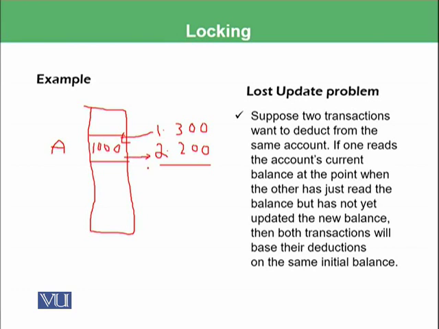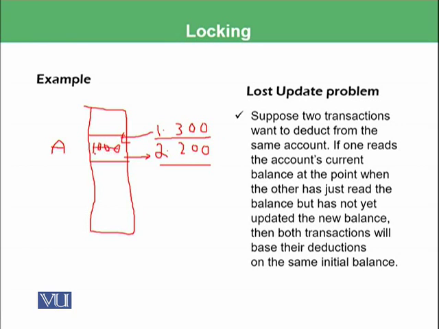However, in this problem, transaction 1 reads this balance as 1000 and transaction 2 reads this balance as 1000 again, the same, because transaction 1 has not updated and that updated value has not been used by transaction 2. So what will happen? This 1000, by executing instruction 1, will become 700, and that 700 will be saved over here.